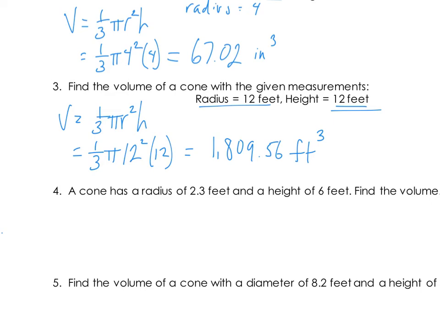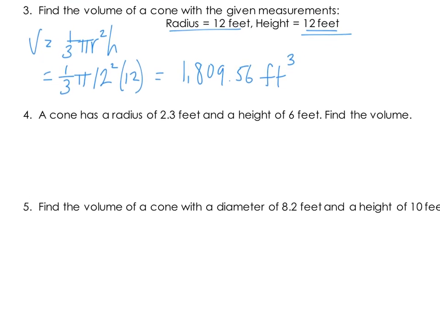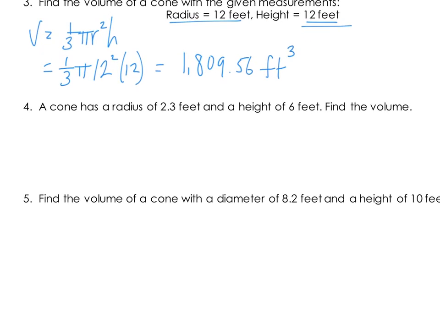Ooh. All right, and we're down to our last 2 here. Cone has a radius of this, a height of that. All right, 1/3 pi r squared h. So radius, okay, not a great number, 2.3.